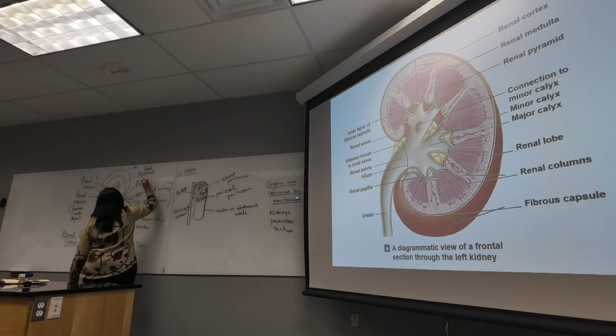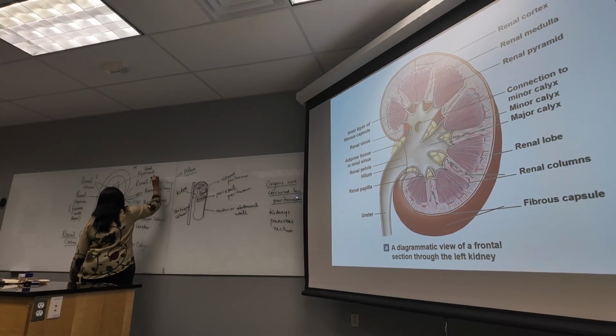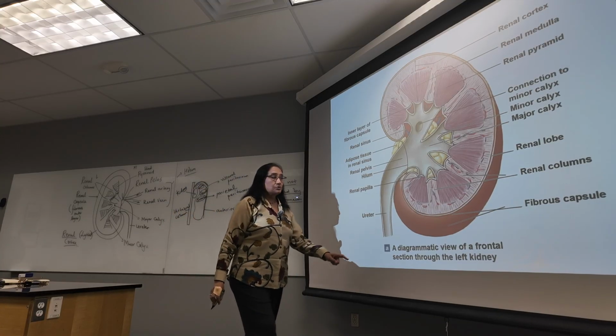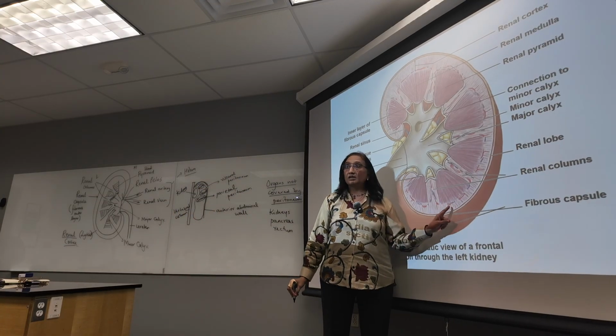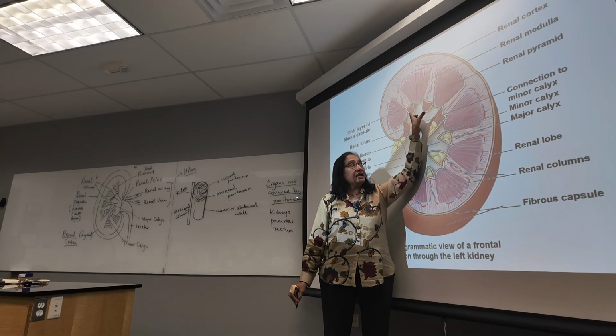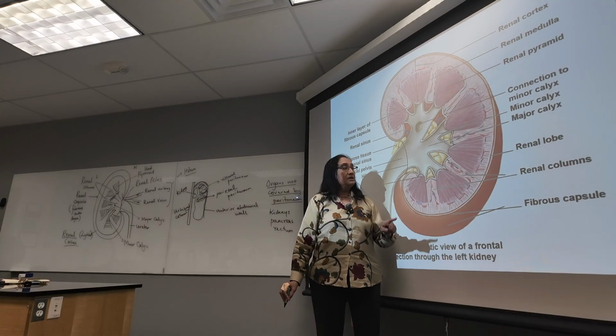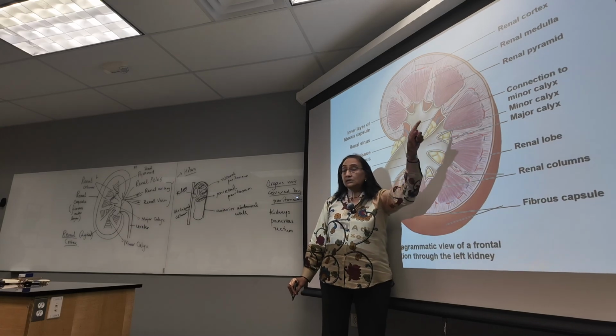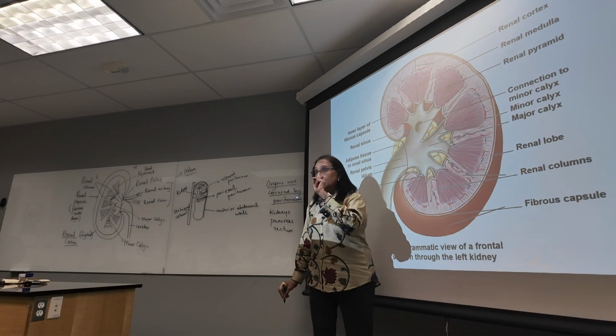Renal pelvis. Okay. So once again, outer region, renal cortex, inside renal medulla. In the renal medulla, you're going to see these dark colored triangles, which are called renal pyramids.